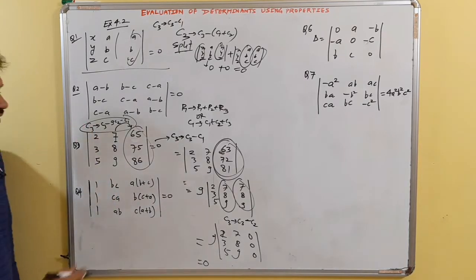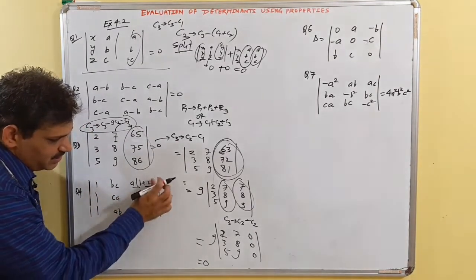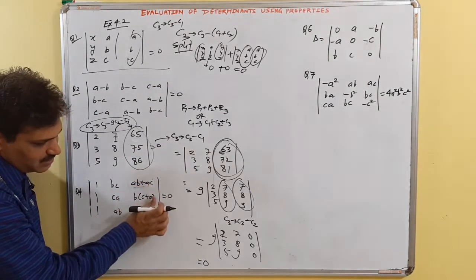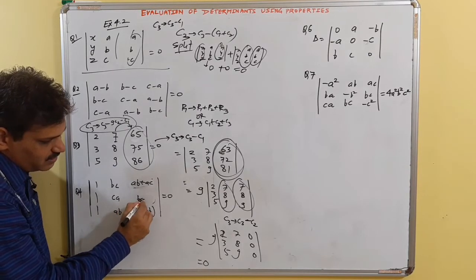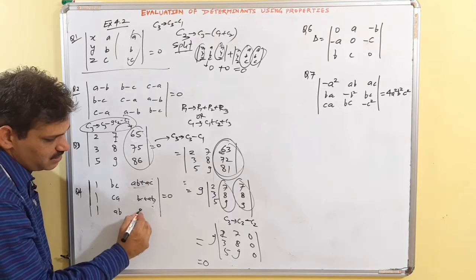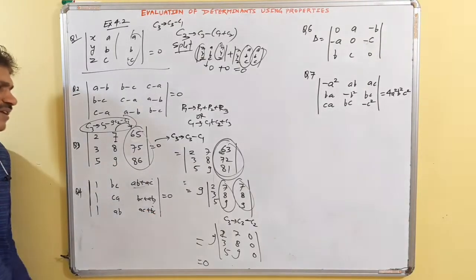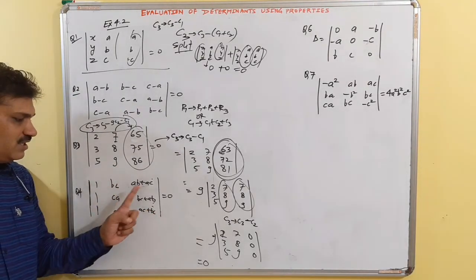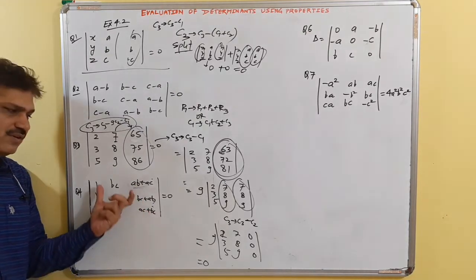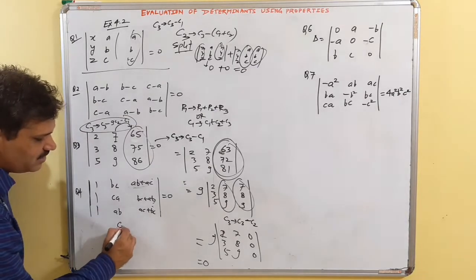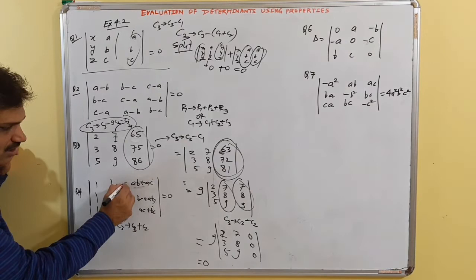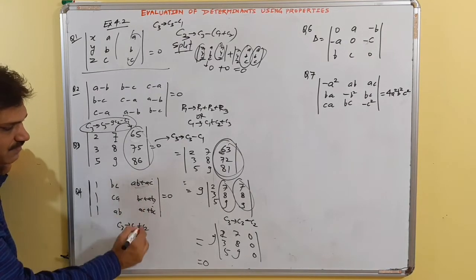Here also, you can see this is actually AB plus AC. This is BC plus AB. And here AC plus BC. Without any doubt, you can see AB, BC, CA in each. So if you apply C3 becomes C3 plus C2, you will get here AB plus BC plus CA.